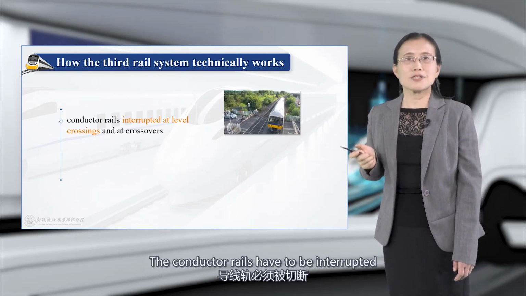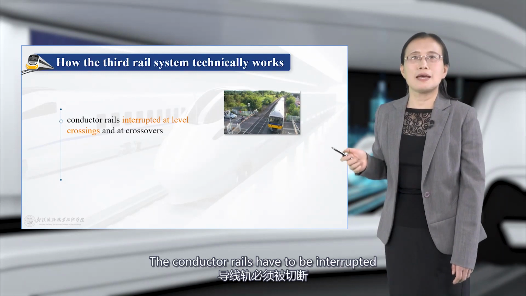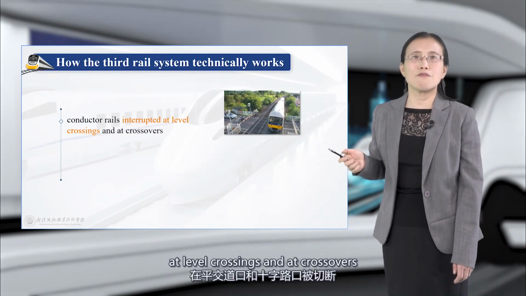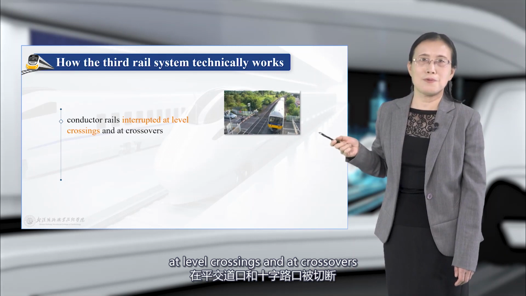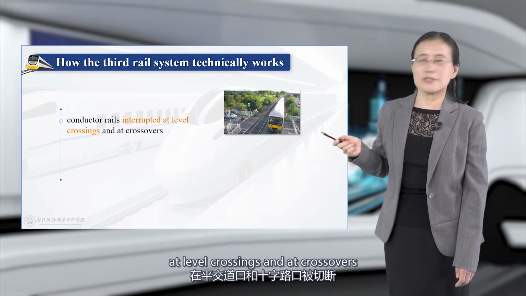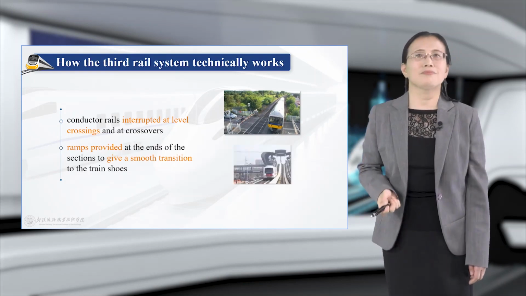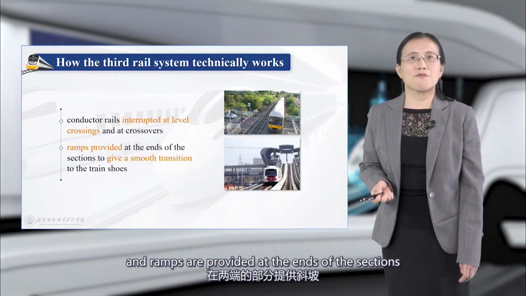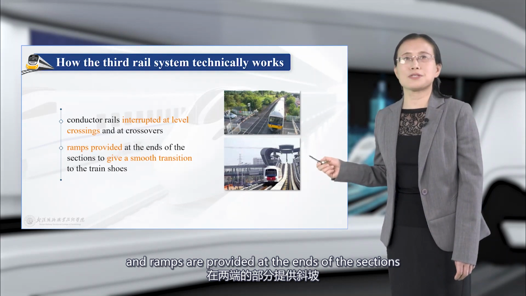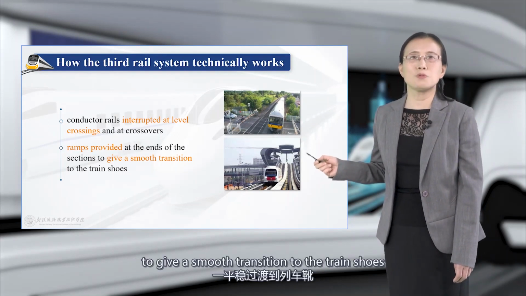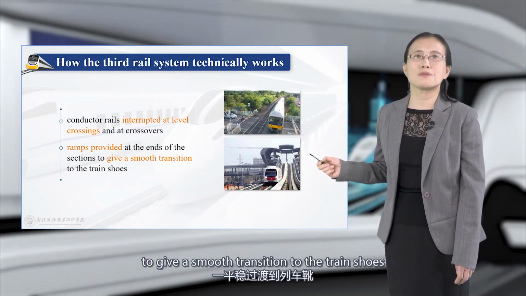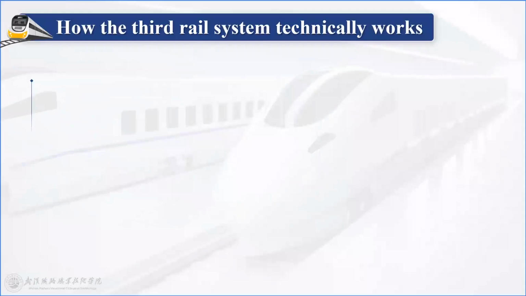The conductor rails have to be interrupted at level crossings or at crossovers. And ramps are provided at the ends of the sections to give a smooth transition to the train shoes.